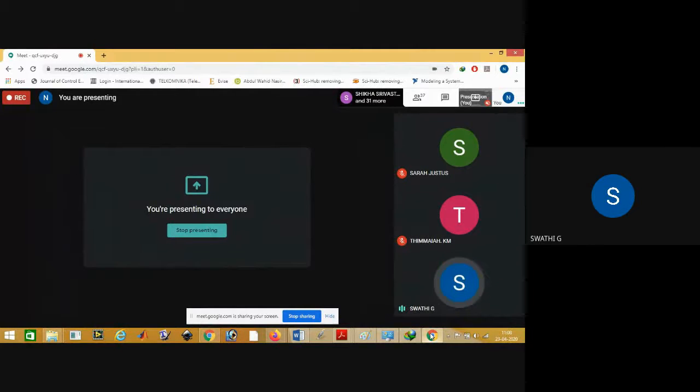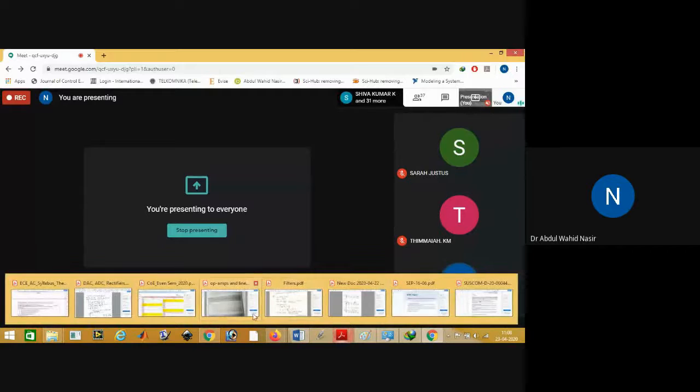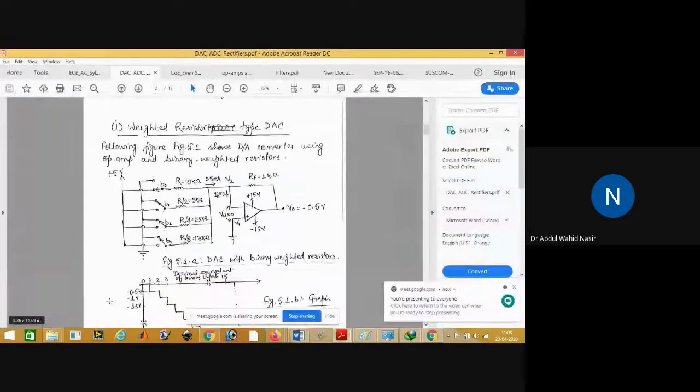B0 and B1 will be connected to the 5 volt and the others will be connected to ground. Very good. So the thing is that 0011: the MSB is 0, then the next higher bit is also 0. B0 and B1 will be 1. So B0 will be connected to 5 volt and B1 will also be connected to 5 volt as per our problem.